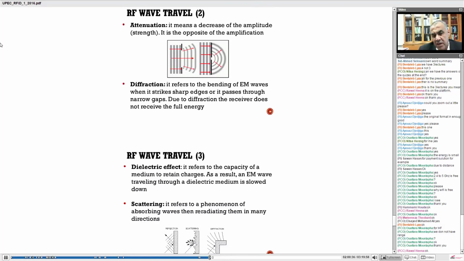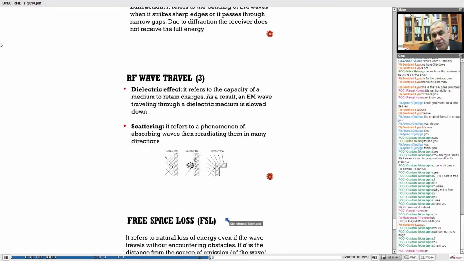Remember, in our course, we look at the natural evolution or traveling of the waves. We have refraction, reflection, diffraction, but we also have scattering.